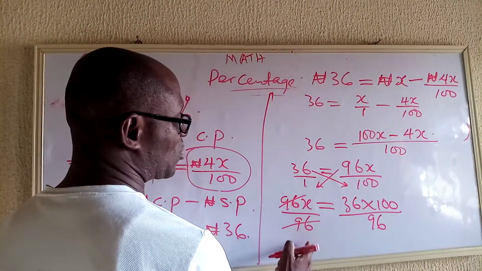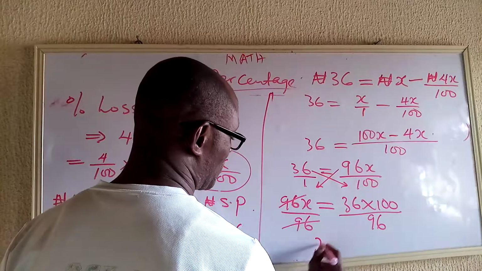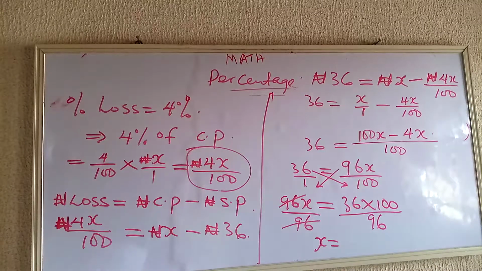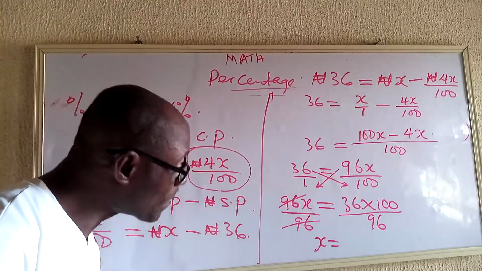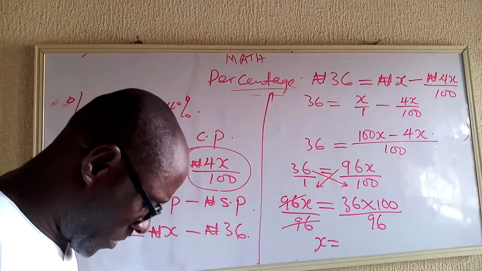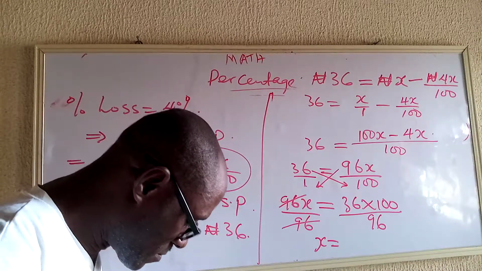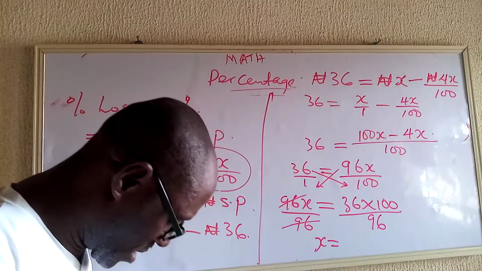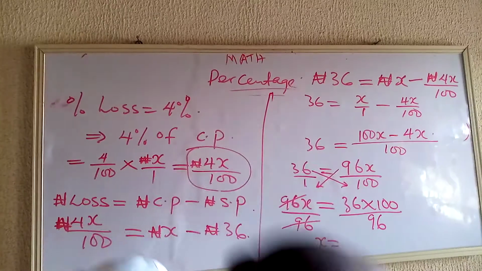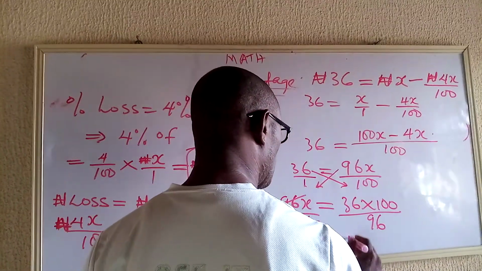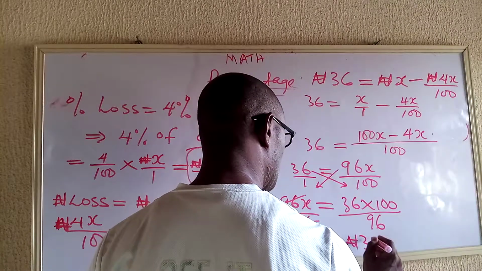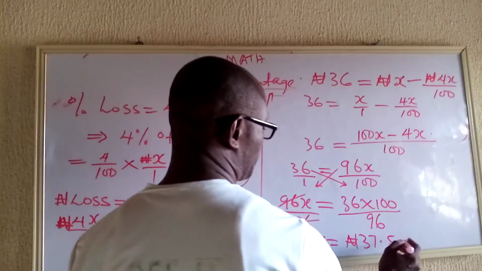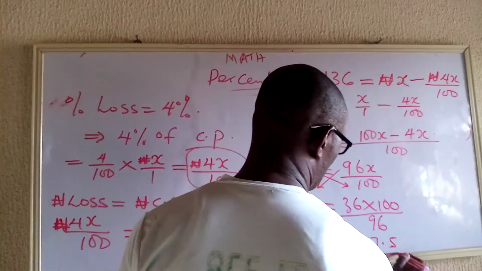So 96 has cancelled out, we have only x left here. So x equals, let's do the calculation and see what we are going to get. 37.5, which is 37 naira 50 kobo. So that's 37.5 naira.